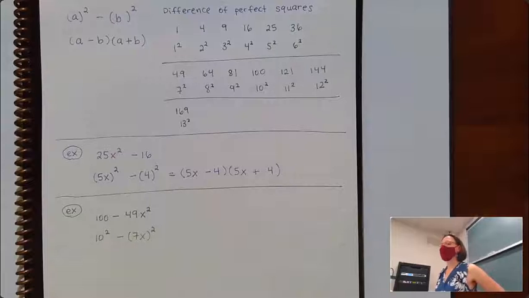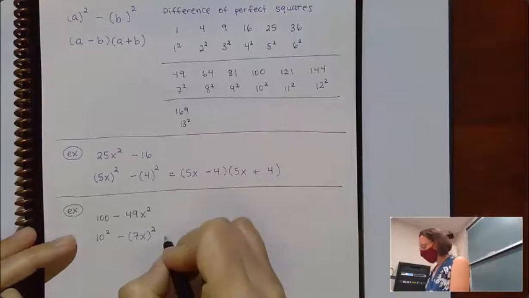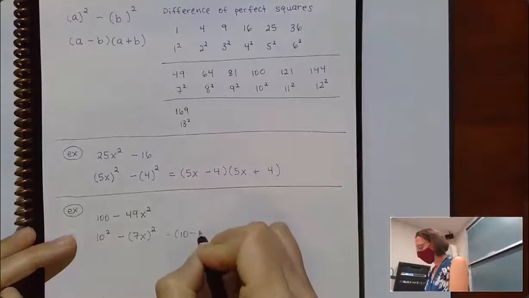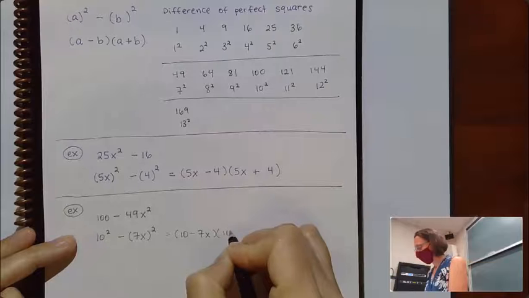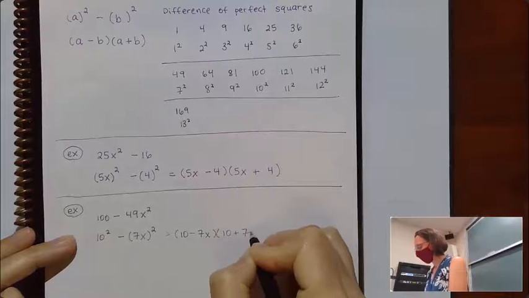My guess is that at least for some of you, your brain wants that x to be in front. I suggest you learn to override that, because this factors as 10 minus 7x times 10 plus 7x.